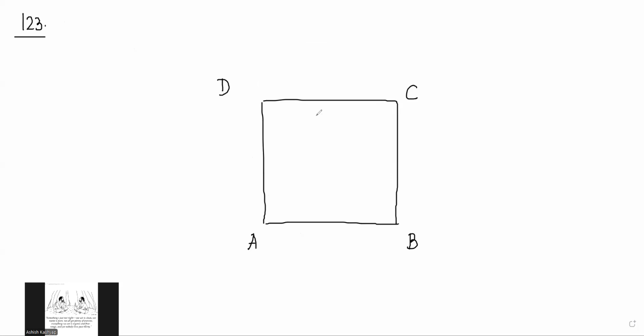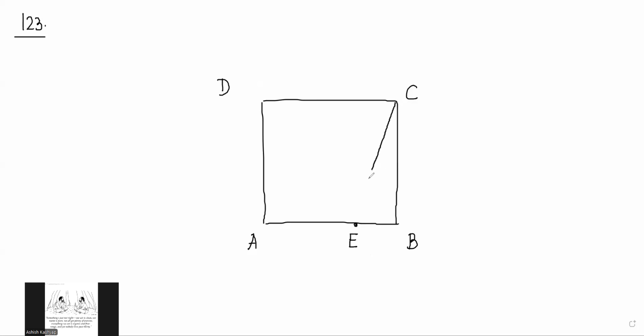E is a point on the side of a square, side AB. The perpendicular line to CE passing through C intersects AD at F. So let's take a random point E here.